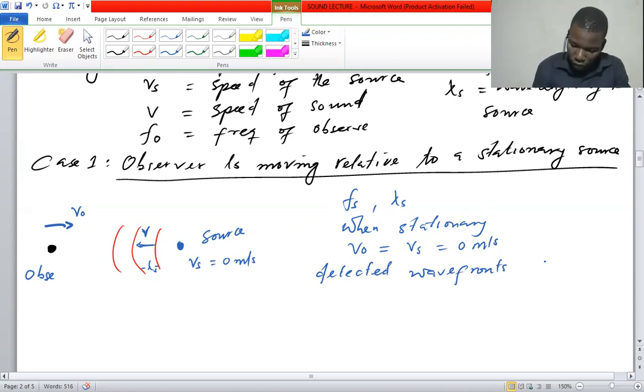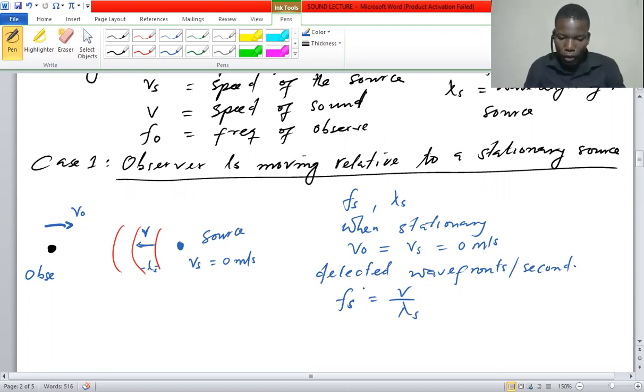Okay. So this is wavefront per second. When the observer is stationary and the source is stationary as well, the observer will detect the frequency of the source.